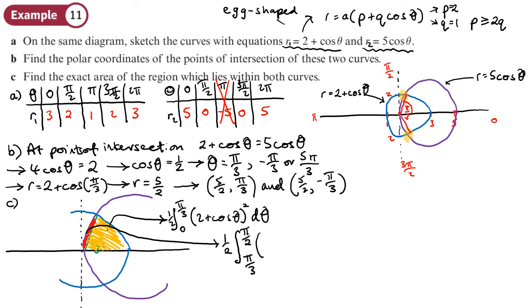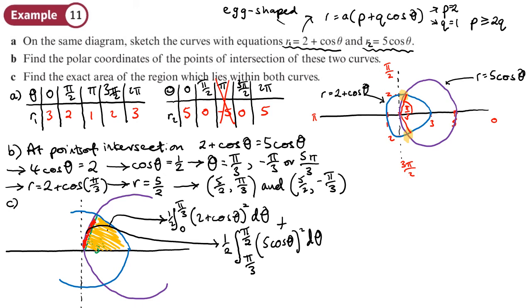And the purple curve is this, r equals 5 cos theta, squared. So what we need to do is work out those two separately and then add them together.